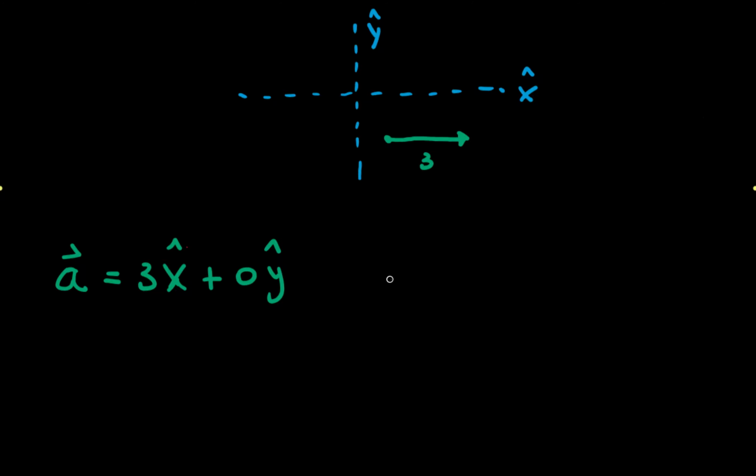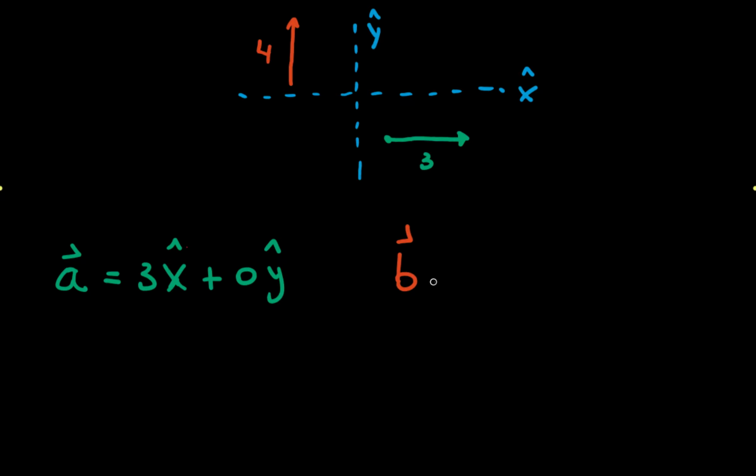All right, so let's do another vector. Let's say that we want to write algebraically what B is. And so let's say that B is a vector that is 4 units, and it points in the y direction. Good.